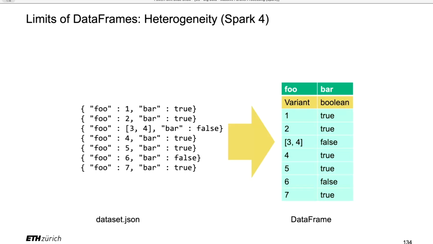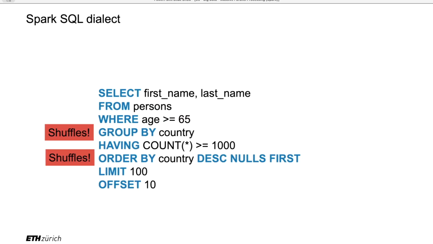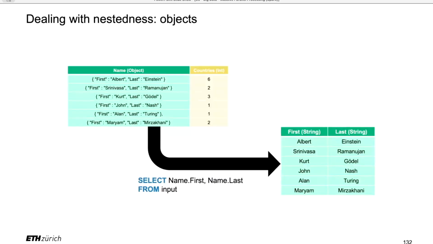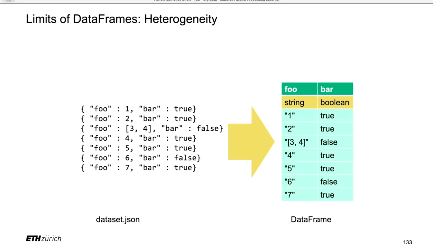Okay, so all of that I'm showing to you, the explode function, the lateral view, the dots in SQL, squeezing things into strings when it doesn't fit, using the variant type in order to force fit it into data frames.